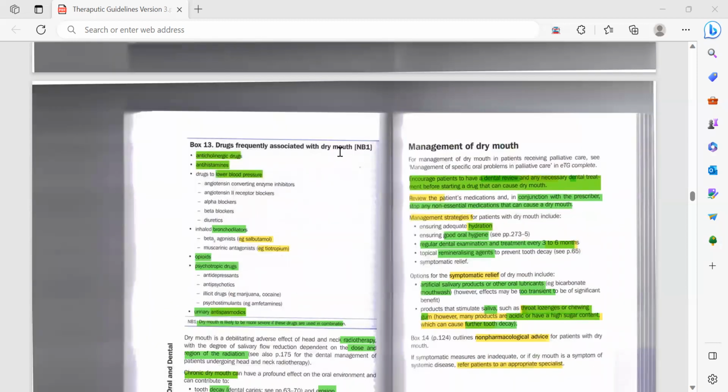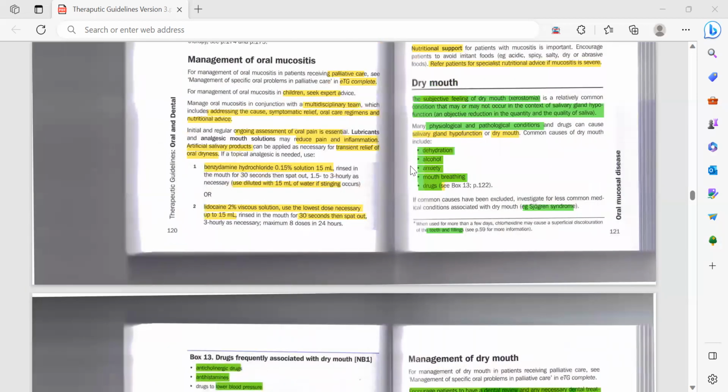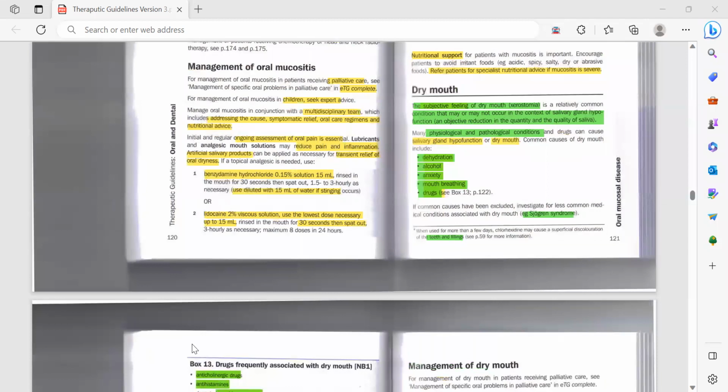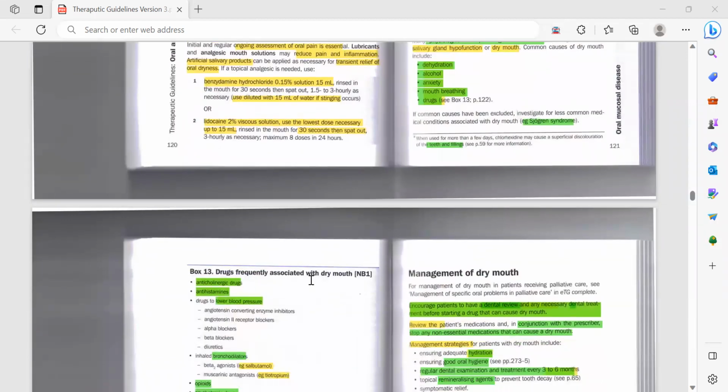Then drugs frequently associated with dry mouth are, which are the drugs? Okay, so here they have given five things related to dry mouth, but they have described which special drugs are related to dry mouth. Like all drugs can cause dry mouth, but these are most commonly associated.